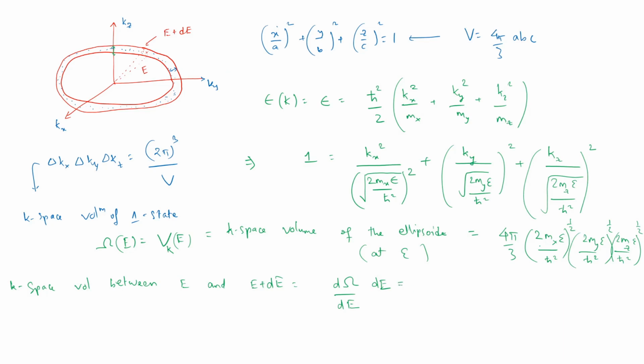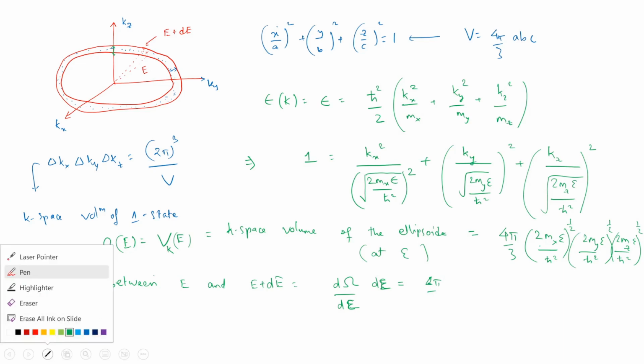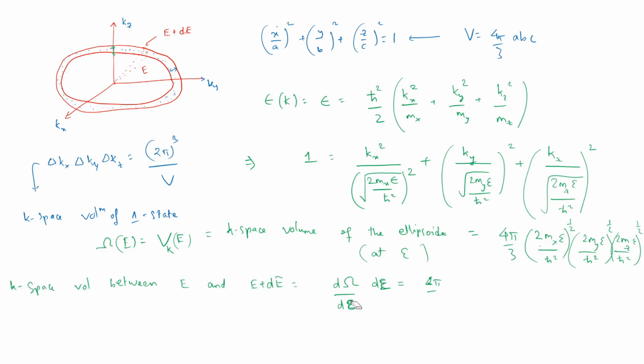So what we will have is, we put all the constants together: 4 pi by 3, 2 root 2 over h bar cube, mx my mz to the power 1 by 2, E to the power 3 by 2, and we have to do the derivative with respect to energy.